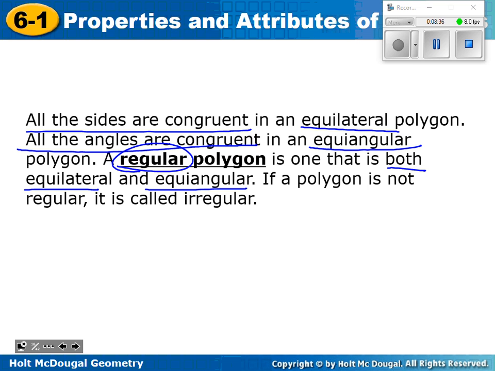No. What is a name of a quadrilateral that is only equiangular? Square would be regular. Rectangle. A rectangle has 4 right angles, but it does not have 4 congruent sides. Right? What's the name of a shape that has 4 congruent sides but not 4 right angles? Rhombus.